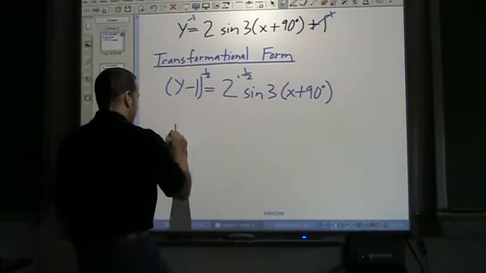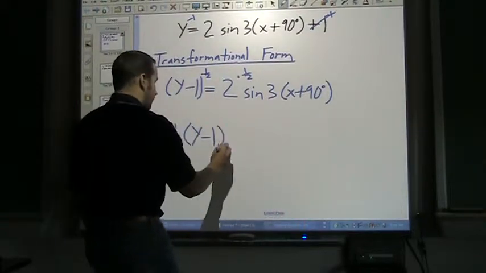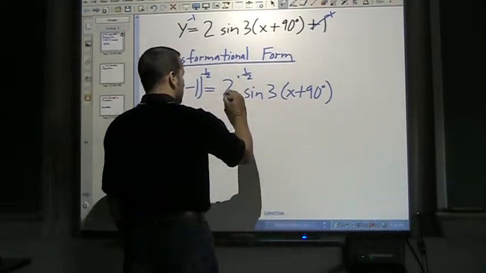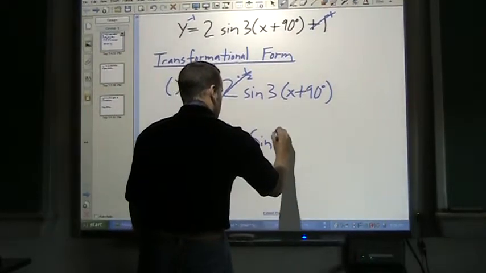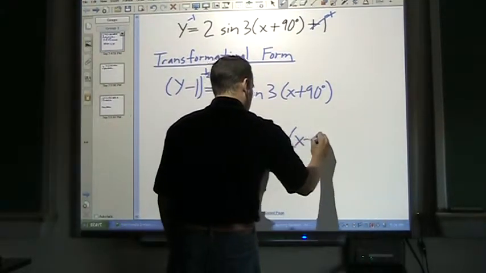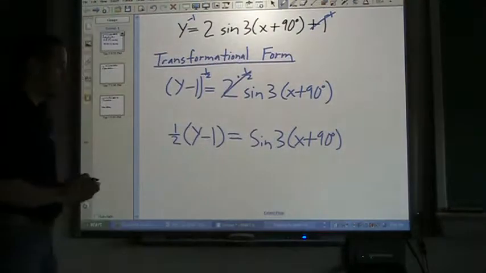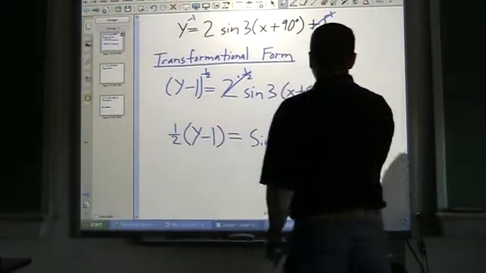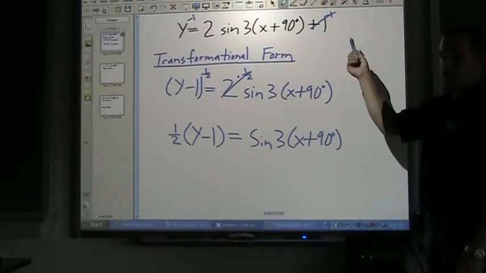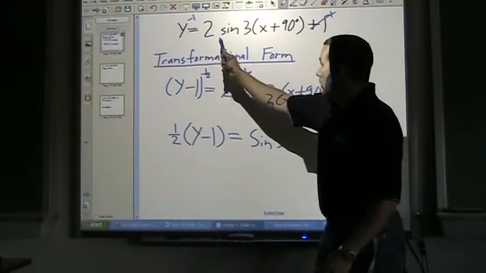So I'm left with 1/2 onto y minus 1 equals sine of 3 onto x plus 90 degrees. You don't have to show the 1. That's transformational form. Basically you're taking the two numbers that affect the graph vertically over to the left-hand side. So the +1 comes over and the 2 comes over.